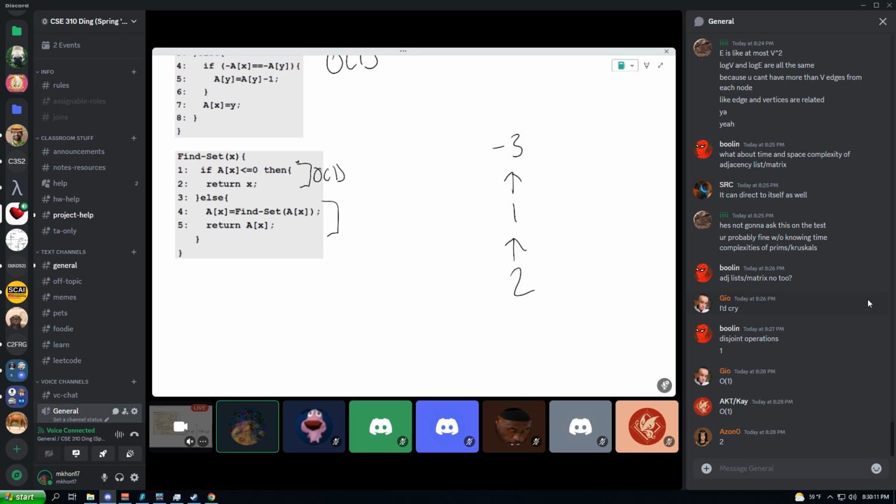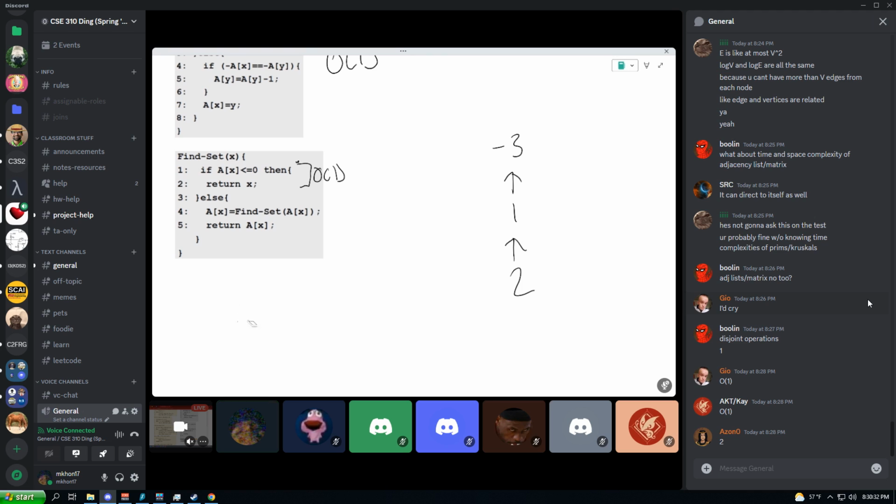I'm going through the pseudocode to figure out how to use it. If I did a of 2 equal to the find set of a of 2, a of 2 is 1, so that ends up equaling 1, right?